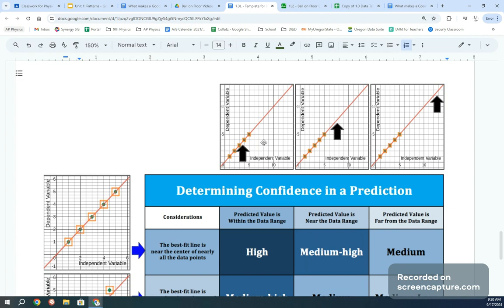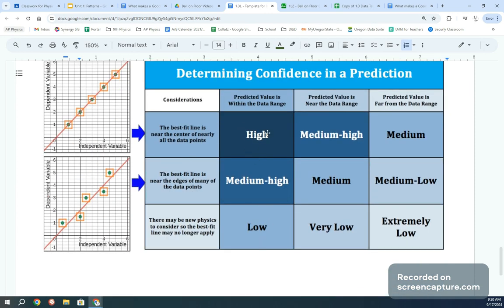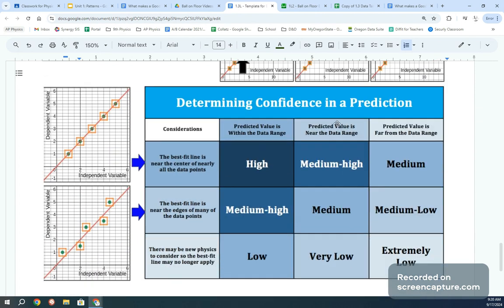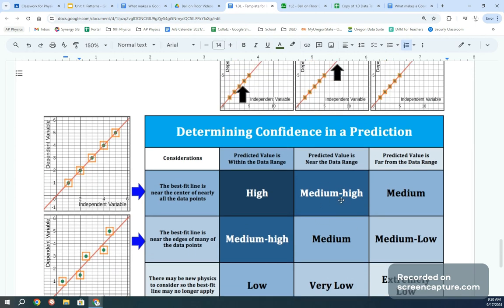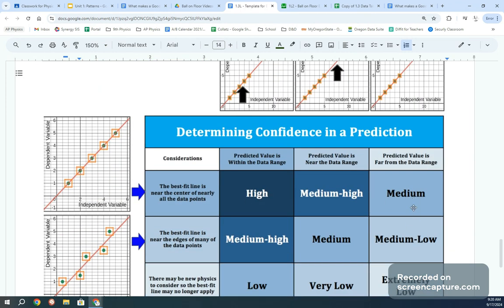What these diagrams show is that if it's inside of our data set, we're looking at this column here, and our confidence is on the higher end. If it's just a little bit outside of our data set, it drops our confidence a little bit, but not a ton. We're still decently confident. And if we're predicting something way outside of our data, our confidence drops even further and gets a little bit lower.